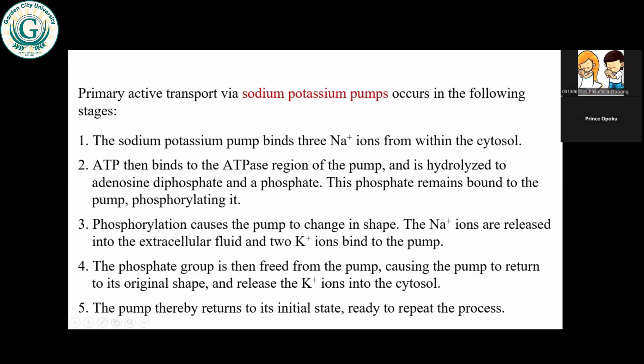Okay, hello, madam. This pump binds to 3 ions from outside. Is it my network or what? Hello? We can hear you. Friends, we can hear you.